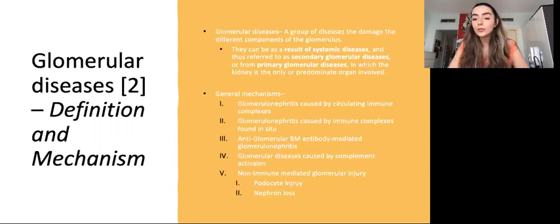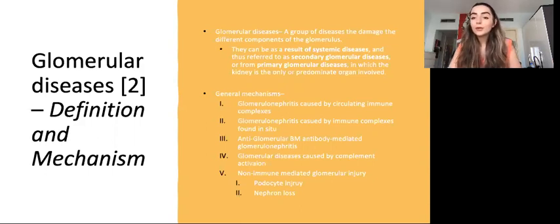Over here on the electron microscope, you have dense immune deposits in one or more locations of the glomeruli. It can be subendothelial, subepithelial, or in the mesangium. We will go later into what diseases cause what. The pattern of the immune complex deposition with immunofluorescence is also granular. So you see the dense spots on electron microscope, and in immunofluorescence, it's granular.